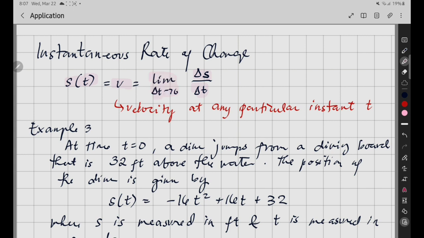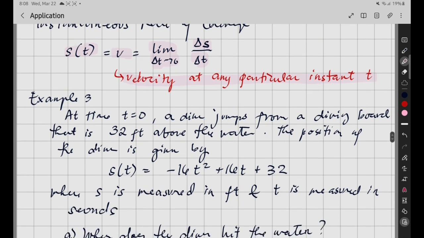The limit of the position function as t approaches 0. So basically, this is our velocity at any particular instant, at a particular time. That's why it's called instantaneous rate of change. It's the rate at that particular point, because it changes as the movement is a curve.